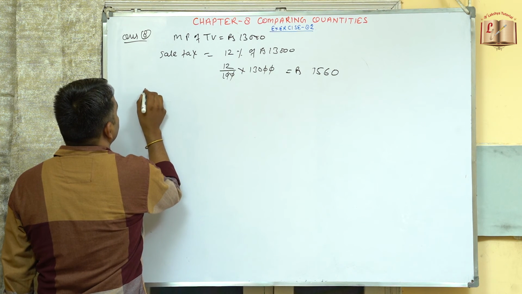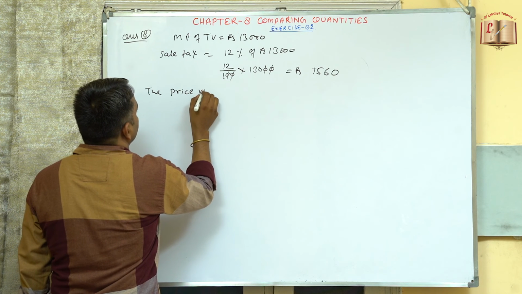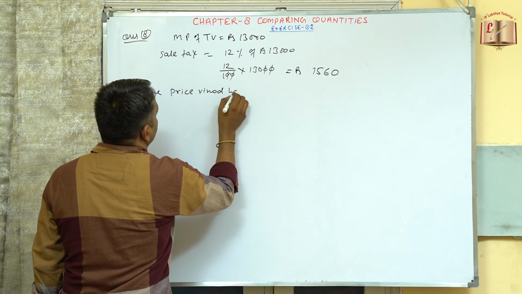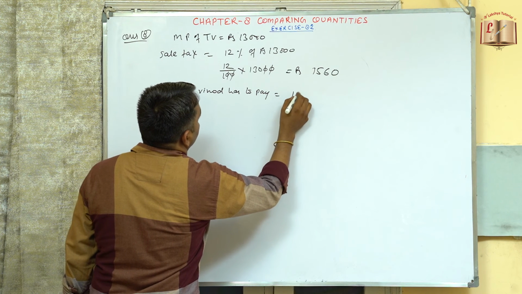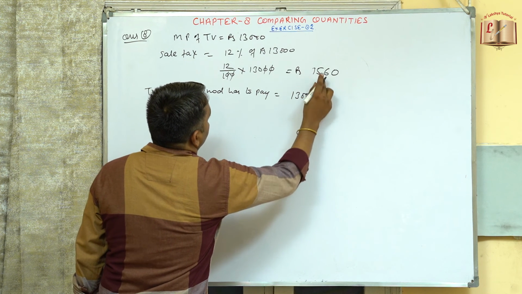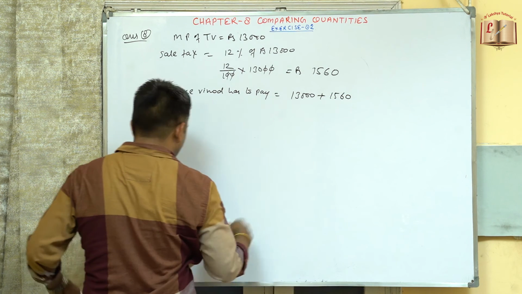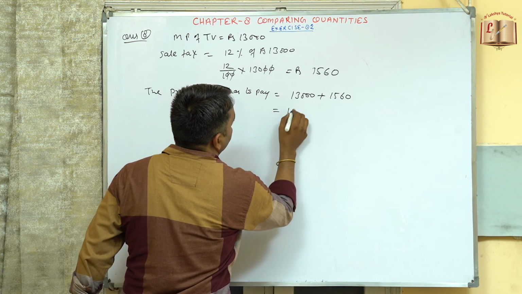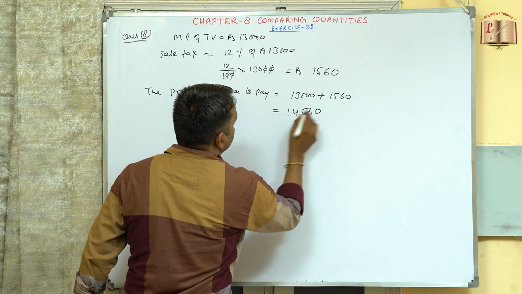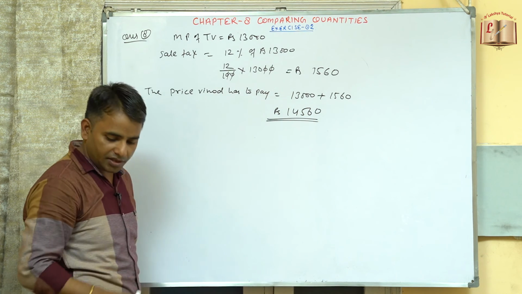So therefore the price Vinod has to pay will be equals to 13,000 plus this tax amount, 1560. So on adding, this will be now 14,560 rupees. So this amount has to be paid.